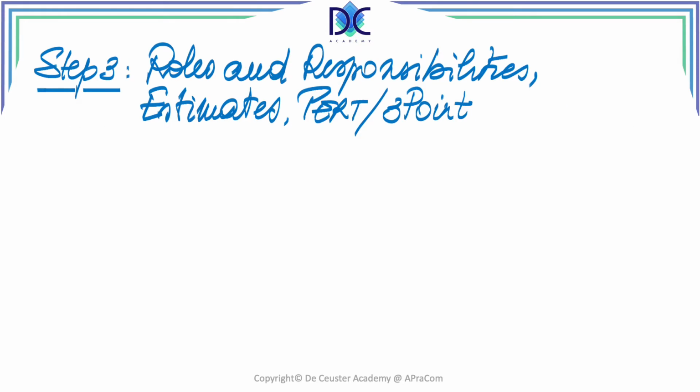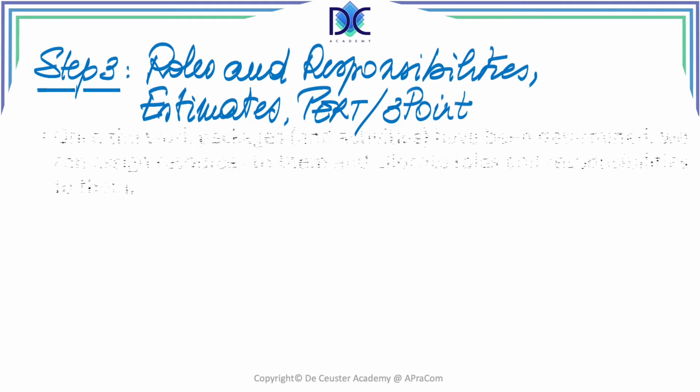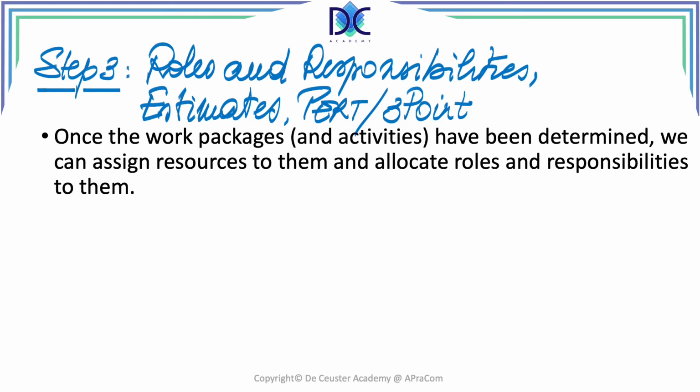In step 3, we will be looking at roles and responsibilities, and we will be making estimates using normal classical evaluation or PERT or 3-point evaluations. Once the packages and activities have been determined, we can assign resources to those activities.